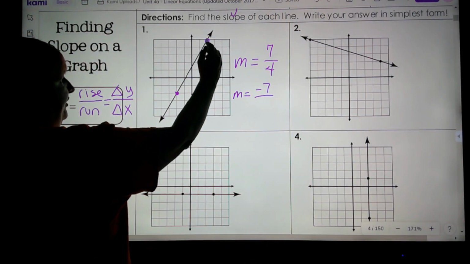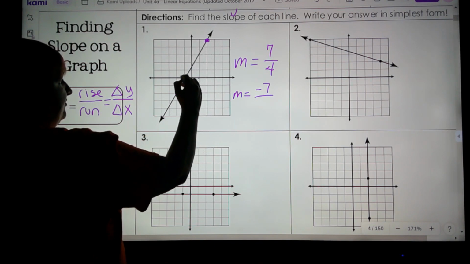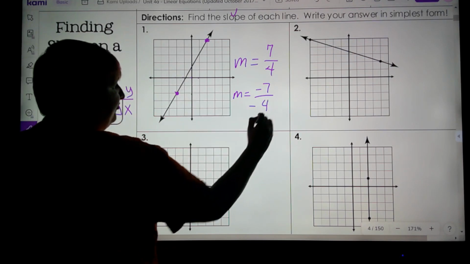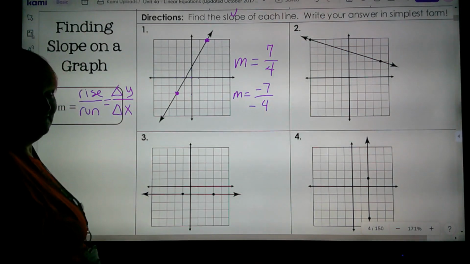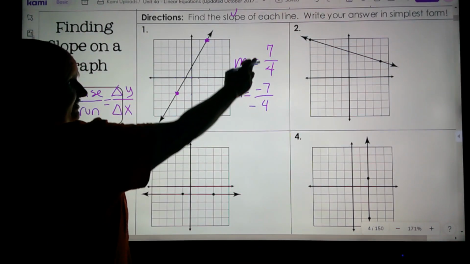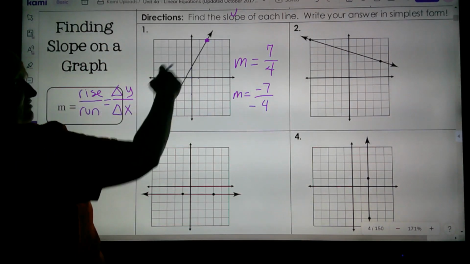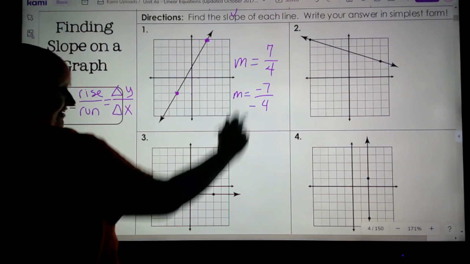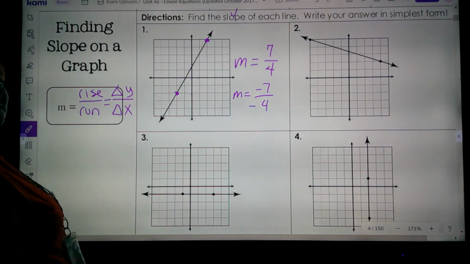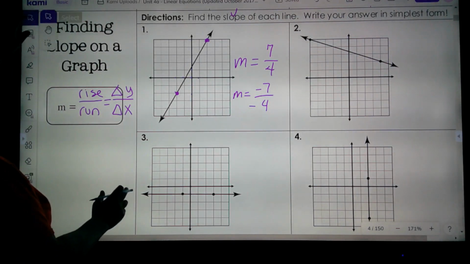And then how many did we go from here to here on our x-axis? 1, 2, 3, 4. We went left 4, down 7, left 4, which is the same thing. A negative divided by a negative is a positive. You can go either direction from any point to any point, and you should end up with the same exact answer. All right, let's prove it.